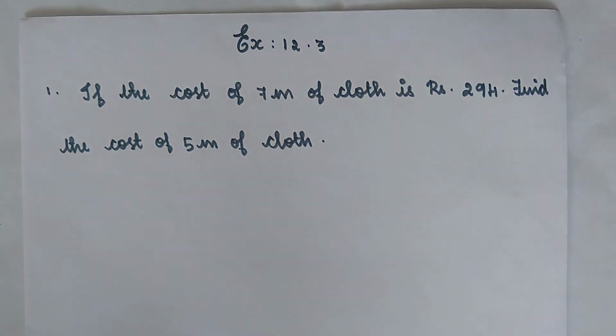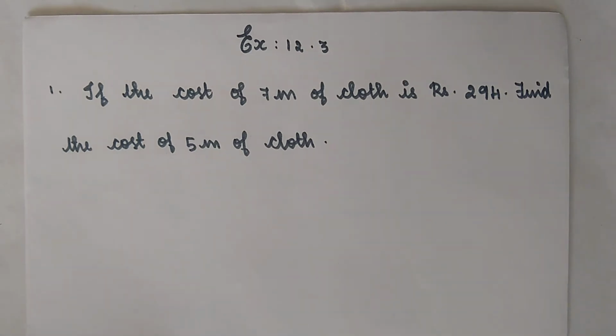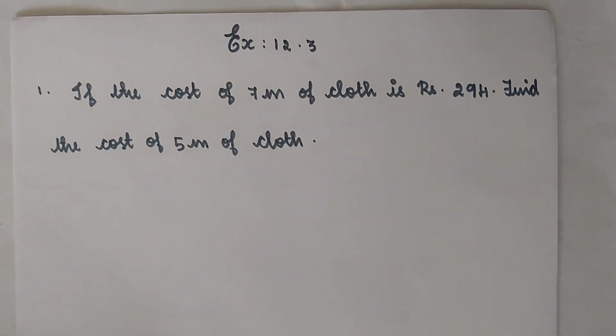This is our question. If the cost of 7 meter of cloth is rupees 294, find the cost of 5 meter of the cloth. Okay, here what is the given?